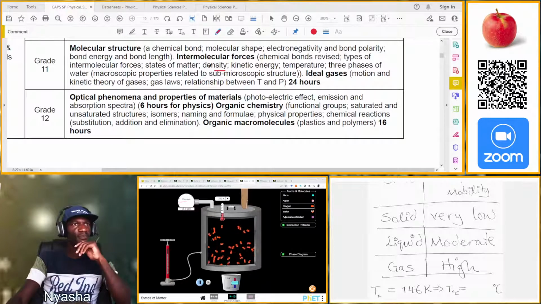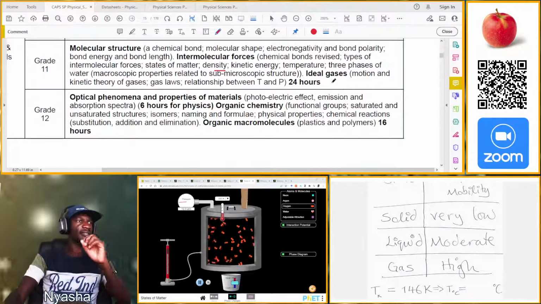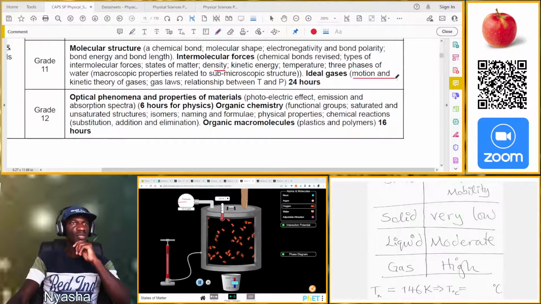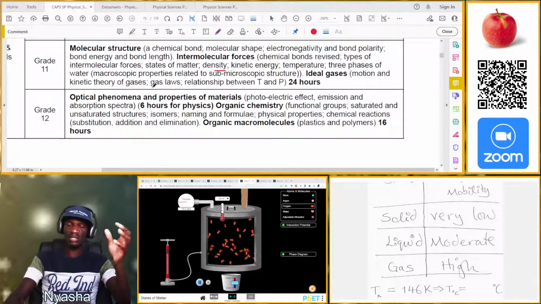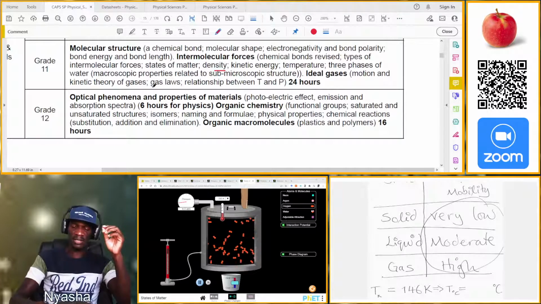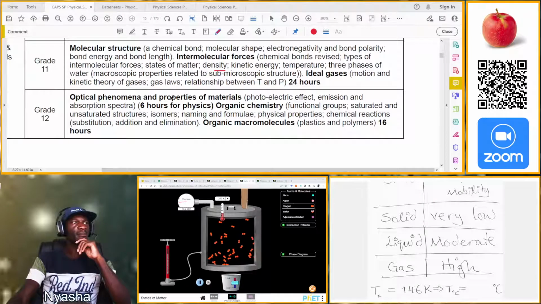these topics. Right, so intermolecular forces, we said they deal with all those properties, and then we can also look at ideal gases. So this is where you now talk about the kinetic theory, discussed just now, where the particles are increasing their mobility as the temperatures are raised.